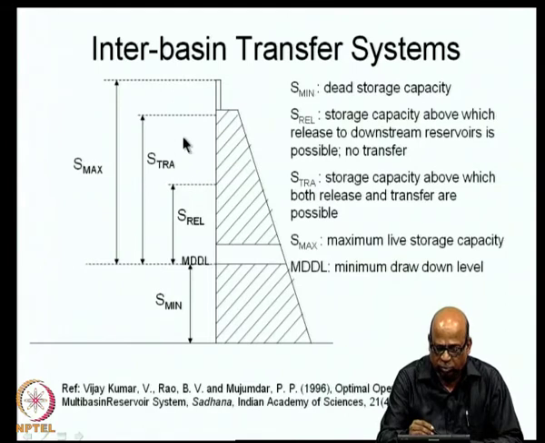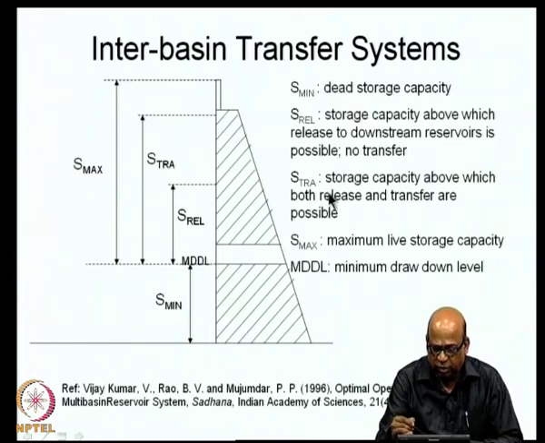So, you are in this zone, you only make release to the downstream reservoir, and do not make any transfer. Then you have met the demands of the particular reservoir, you have also made the release for the downstream reservoirs, and you are crossing another zone.